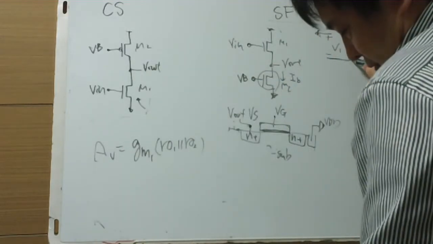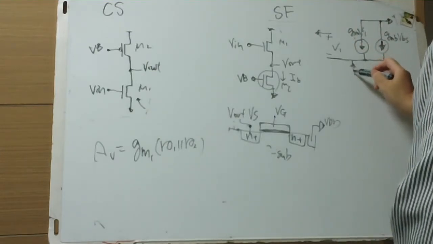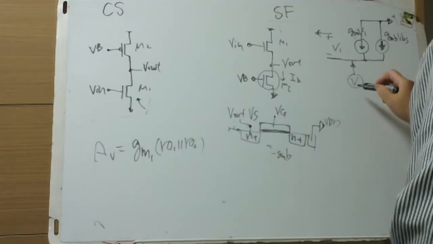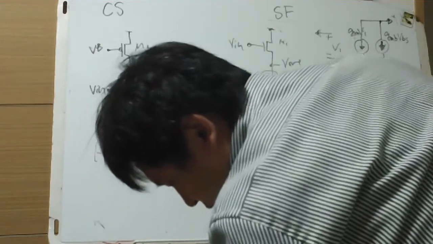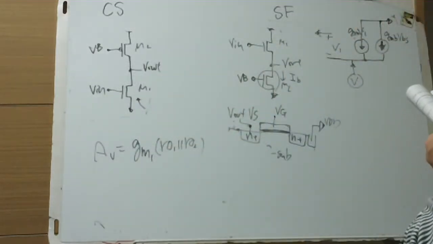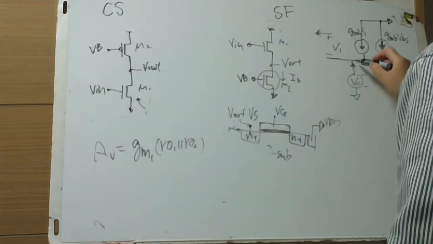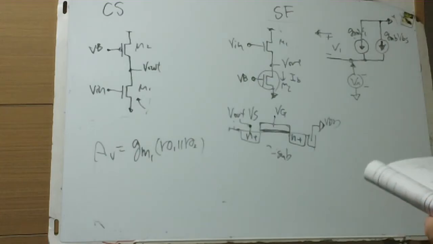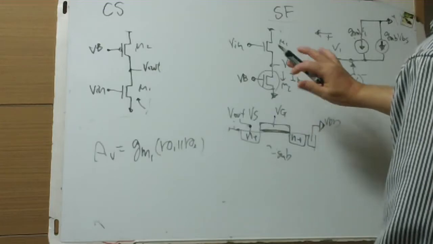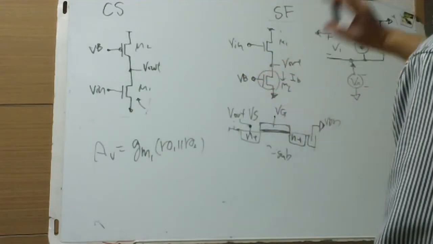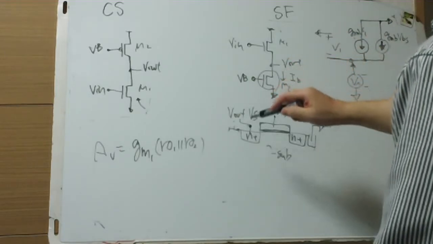We are applying a voltage Vx, plus minus here, to find Rout, because this is a constant current and we use the AC small signal equivalence. This is just opened.